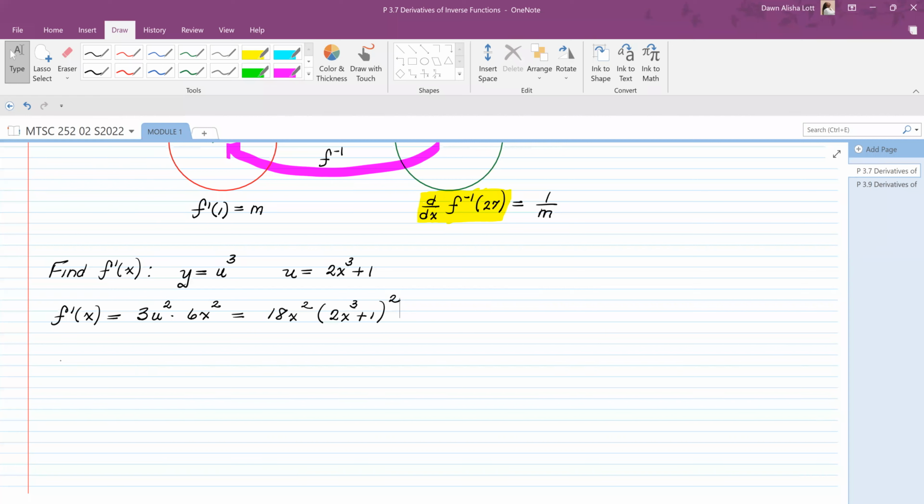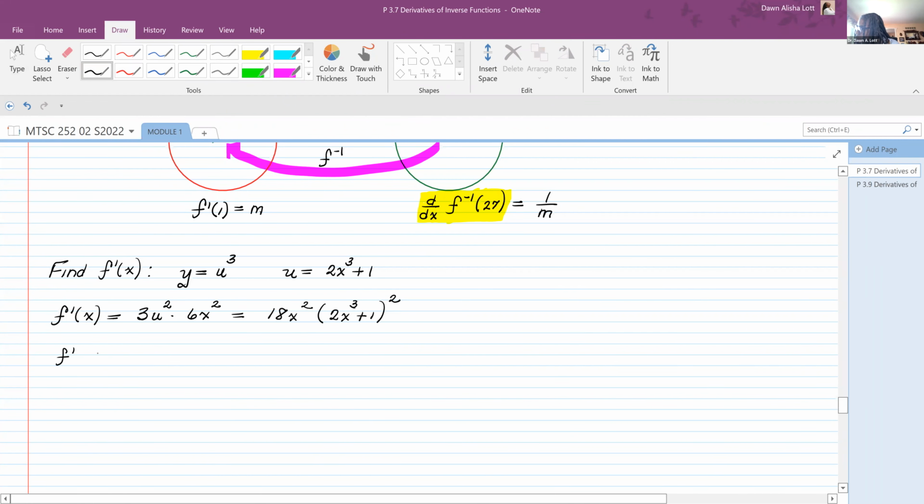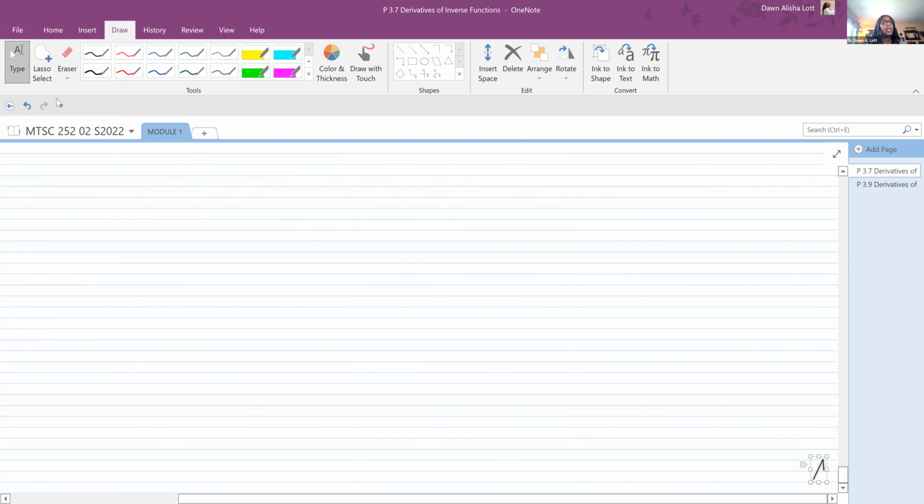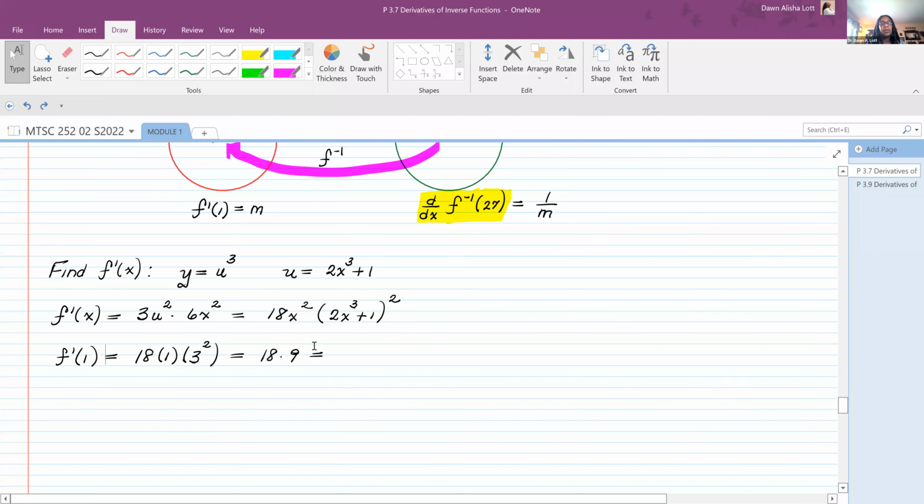All right, so now we need to find f prime of 1. That's going to be 18 times 1 times 3 squared, which is 18 times 9. I think it's like 162 or something.